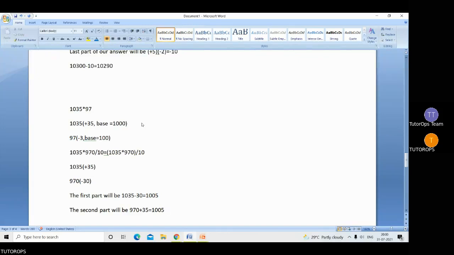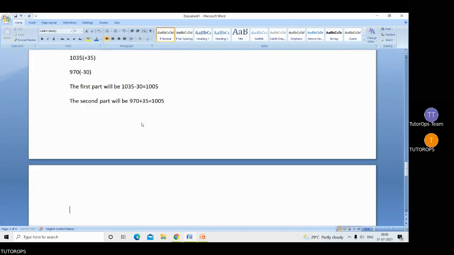Now, what will be the last part of our answer? The last part of our answer will contain the multiplication of the surplus, 35, into the deficiency, that is 30.